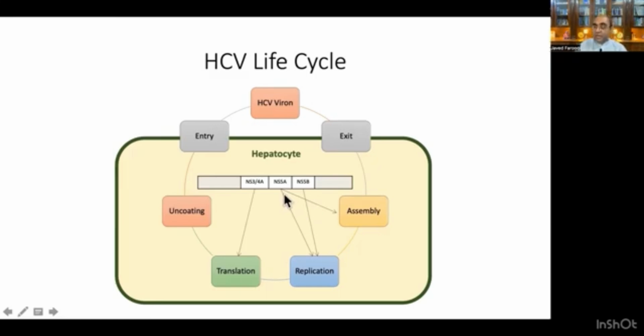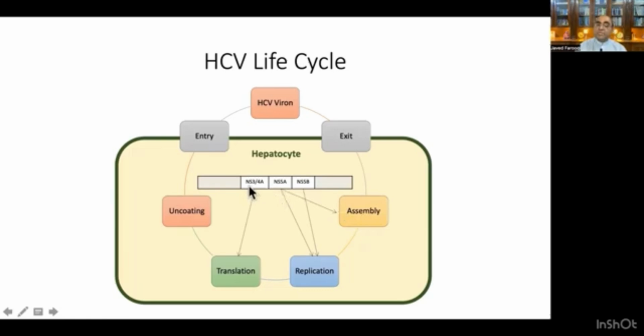So in the virion life cycle, when the hepatitis C virus enters the hepatocytes and uncoats itself, and then the genome translates itself, the translation is because of the NS3/4A, and the replication is because of the NS5A as well as the NS5B, and the assembly is because of the NS5A.